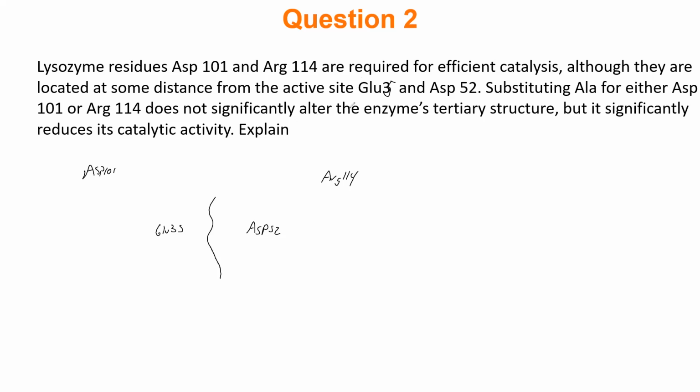Switching to those other amino acids would change the charge in that location and change the overall pKa. That's actually a very good idea. And I like the way that you're thinking.